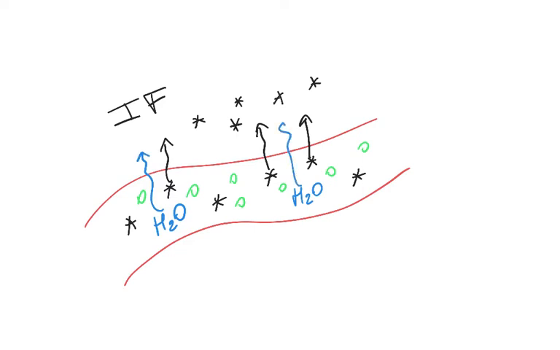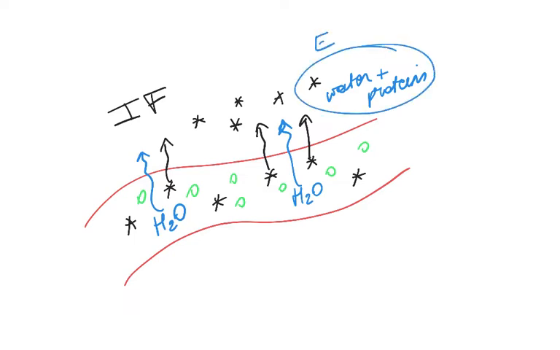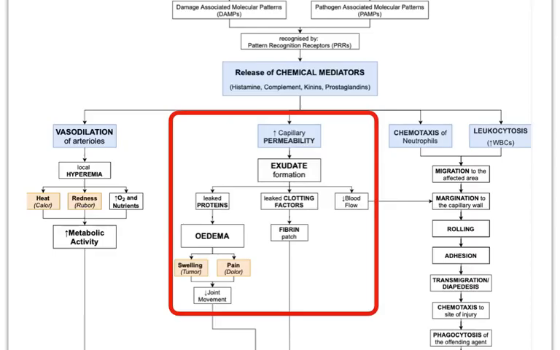And so the soup of water plus the proteins and a variety of other things that might leak out of the blood plasma, that's what we refer to as that exudate. Now, as you can imagine, all of this fluid that is accumulating out here, or that exudate, I should say, is going to create some swelling. So edema is occurring, and it may even result in some pain.